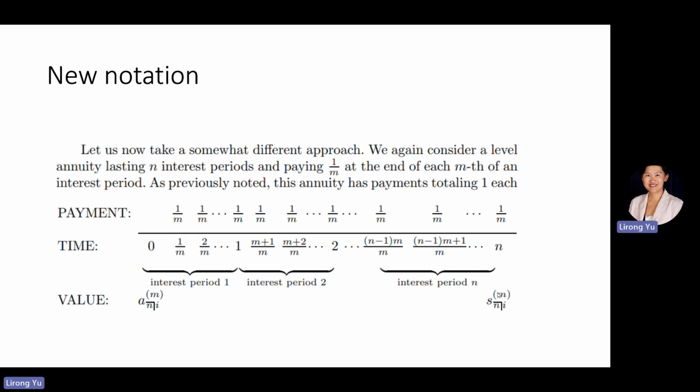With that, for the present value we use a-angle-n-m, and for the future value we use s-angle-n-m, and n still represents the number of interest periods. That echoes our previous notation, so they don't conflict with each other. And the m represents the number of payments per interest period.